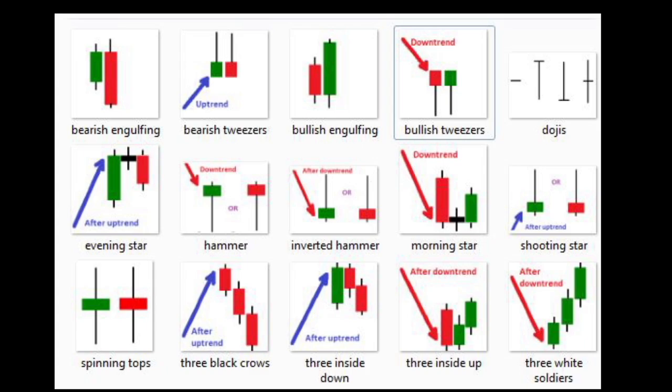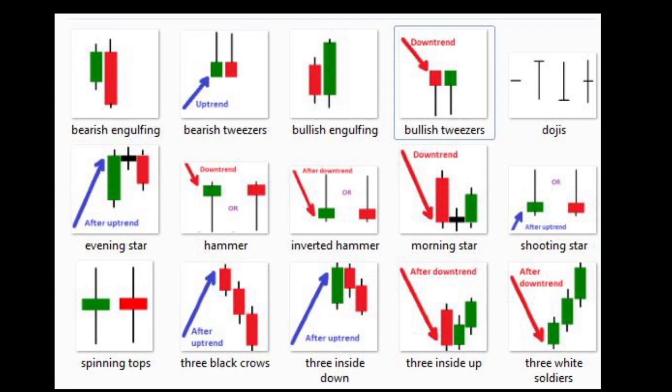It consists of a bullish green candle followed by a bearish red candle. The reason it's called bearish engulfing is because that red candle engulfs the other one. It's bigger, it's bolder, and this can signify that a bearish trend is about to start.